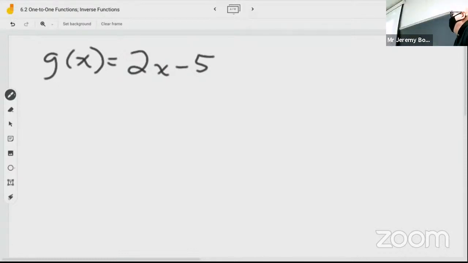They don't usually tell you that in the problem, but I just want to give you a little idea of how we can figure it out. We have some ability to do that with what we learned so far. And we want to find the inverse.